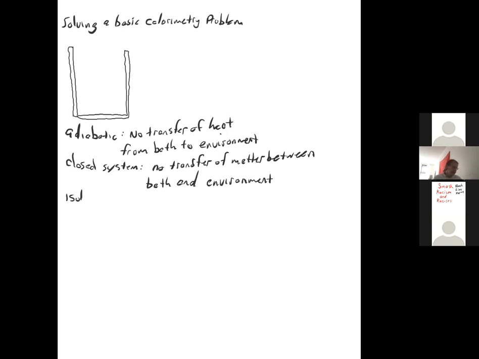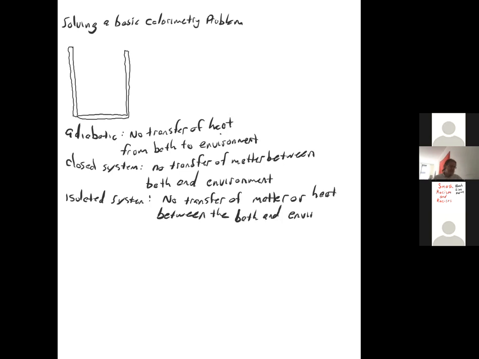And then an isolated system: there's no transfer of matter or energy, neither one, or heat between the bath and the environment. So if there's no matter or heat, neither one of them transfers, we would call that an isolated system. So typically adiabatic systems are isolated systems. Okay. So that's just some terms you should be aware of.